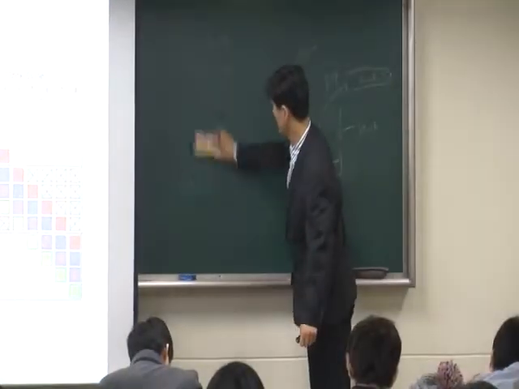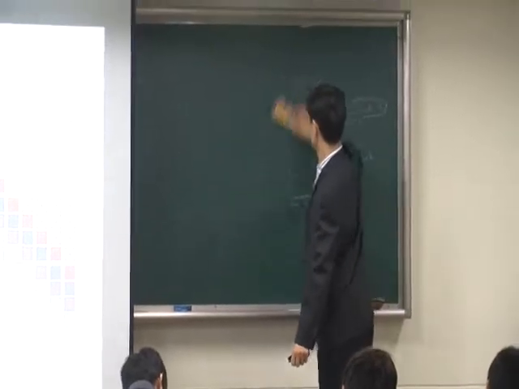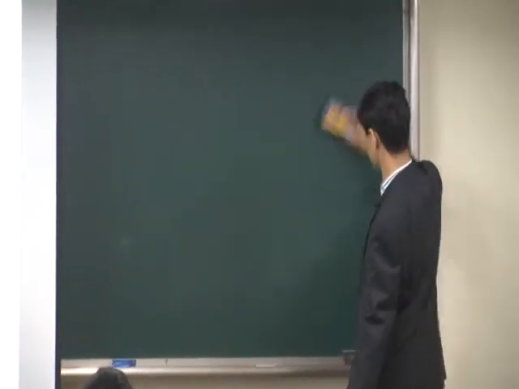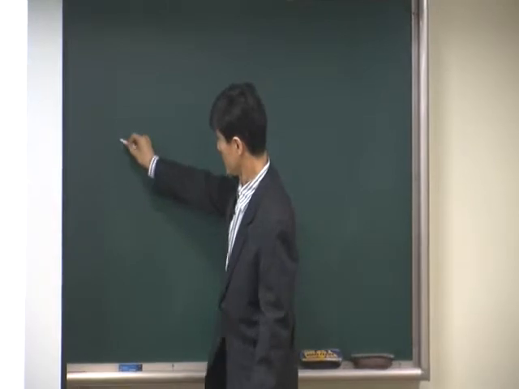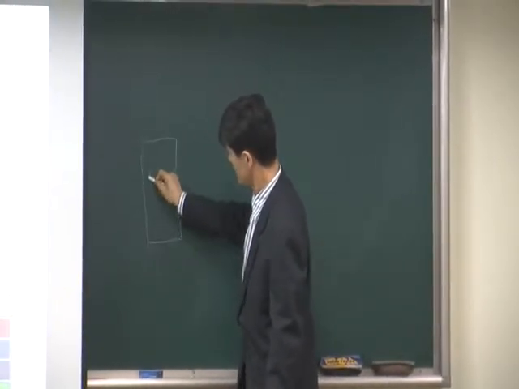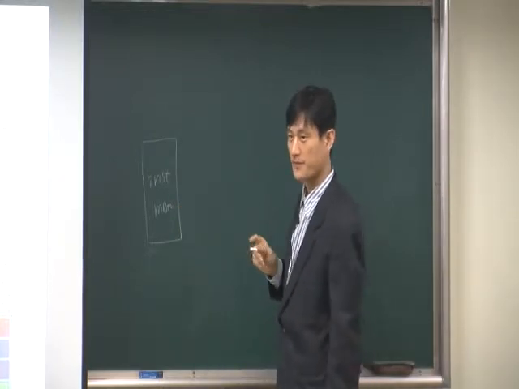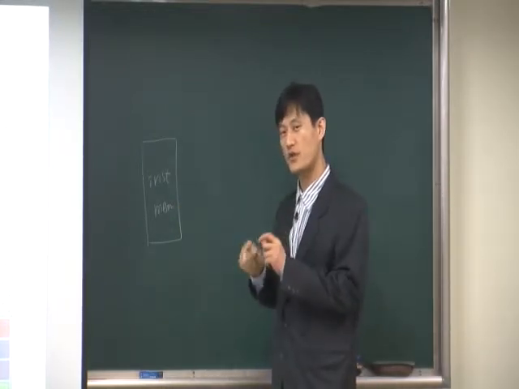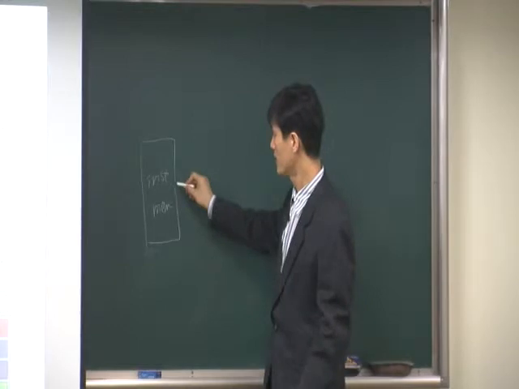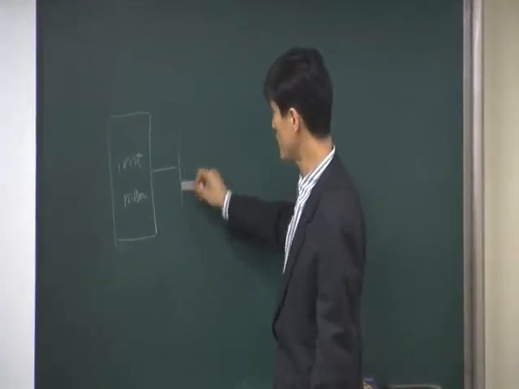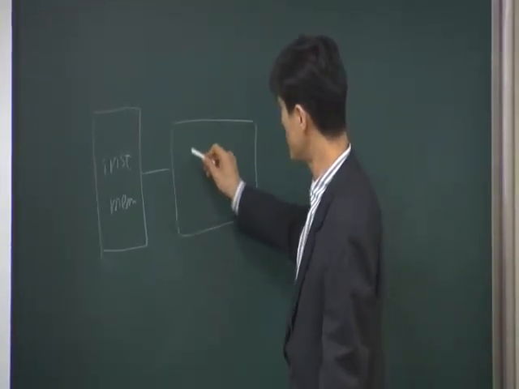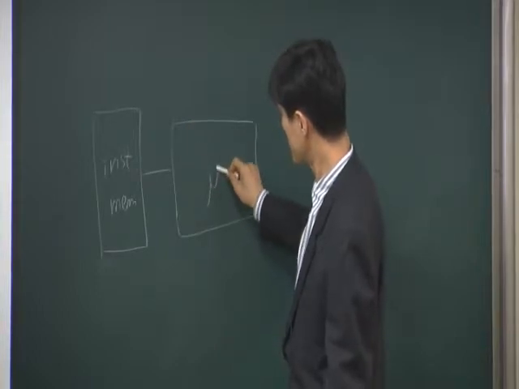Let's say we have instruction memory, and you have all of your code inside the instruction memory. This instruction memory is connected to your microprocessor.